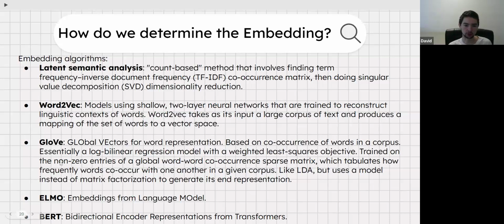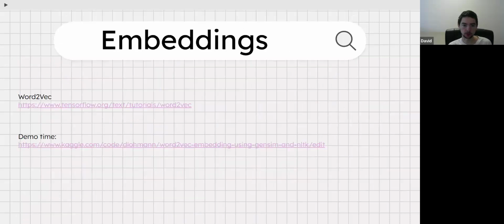And then there's also GloVe, or Global Vectors for Word Representation. There was a paper at Google several years ago, like I think 10 years ago, that would look at the co-occurrence of words in a corpus and generate a co-occurrence matrix, kind of like we saw before.